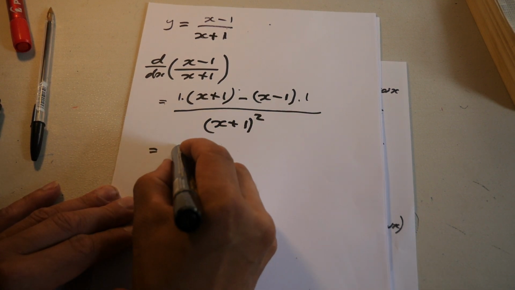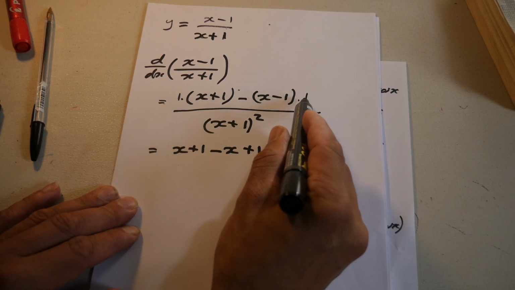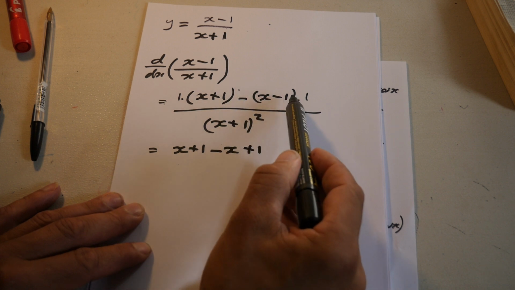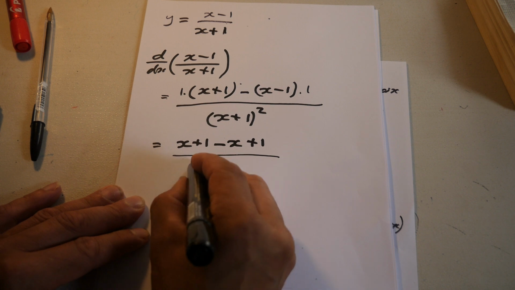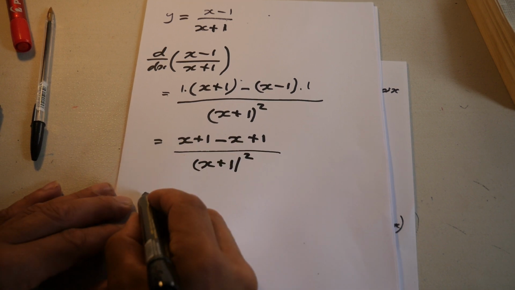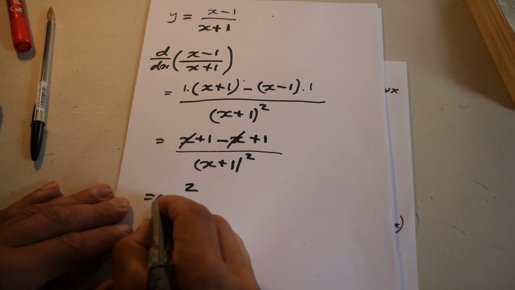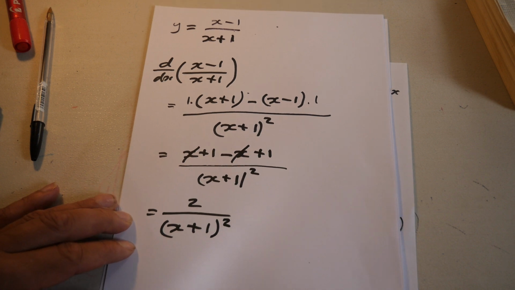Expanding all this, you get x plus 1 minus x plus 1, all multiplied by 1. So x plus 1 minus x plus 1 divided by x plus 1 squared. So x minus x, they cancel, you get 2 upon x plus 1 squared, okay?